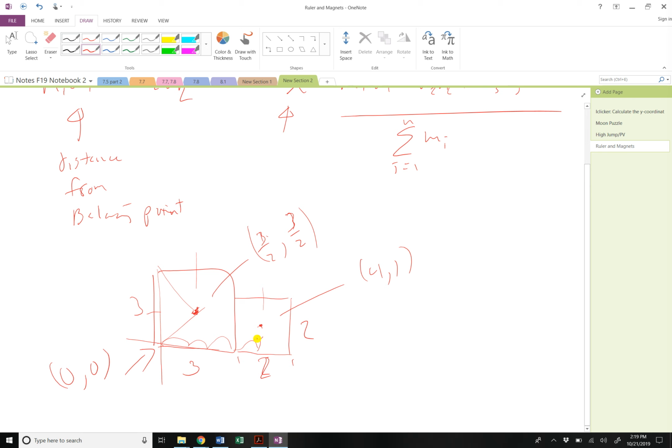So now calculate x bar and y bar for me of this system. We've got 2 plates, or those 2 areas. Those are the coordinates of each of those centroids. So what is x bar and what is y bar?